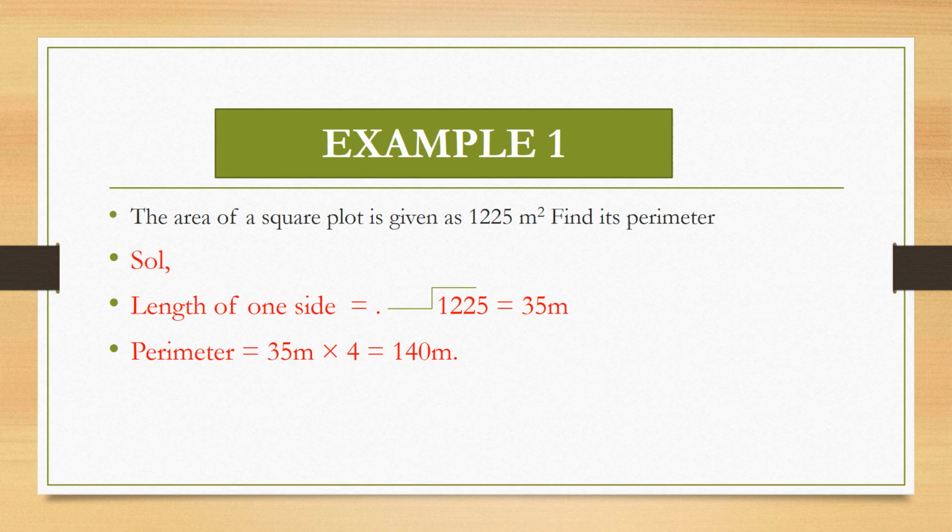So what is the square root of 1225? It is 35. So after getting the square root, just know that a square has 4 sides and all the sides are equal. So perimeter will be equal to 35, that is one side times 4, which will give you 140 meters. So that one we have already done in the previous work.